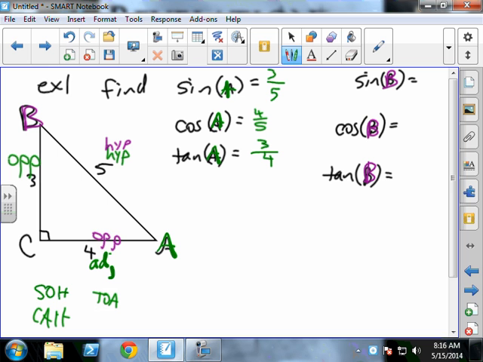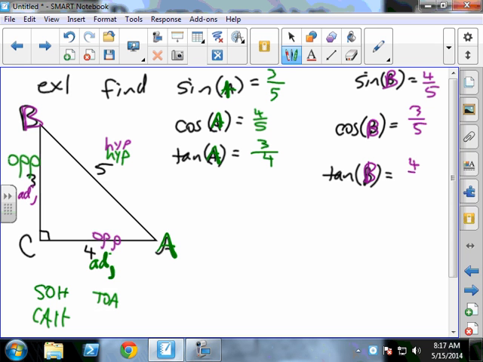And this 3 over here, the side BC, is the adjacent side. So what's our ratio for the sine of B? It's going to be 4/5. And the cosine of B? It's going to be 3/5. And the tangent of B is going to be 4 what? 4/3.